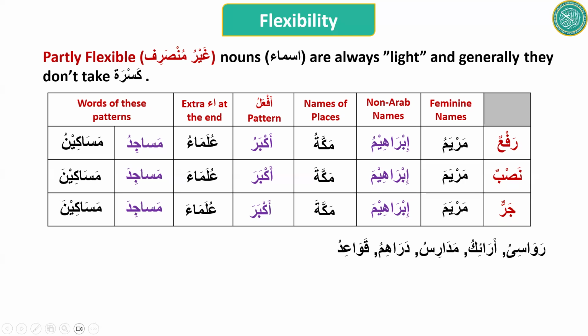Similarly, for masakinu, there are more examples like masabihu, ababilu, qawariru, ma'aziru. They're all like masakinu. All words that follow this pattern are always light, and they do not take kasra when they are in jar status generally.